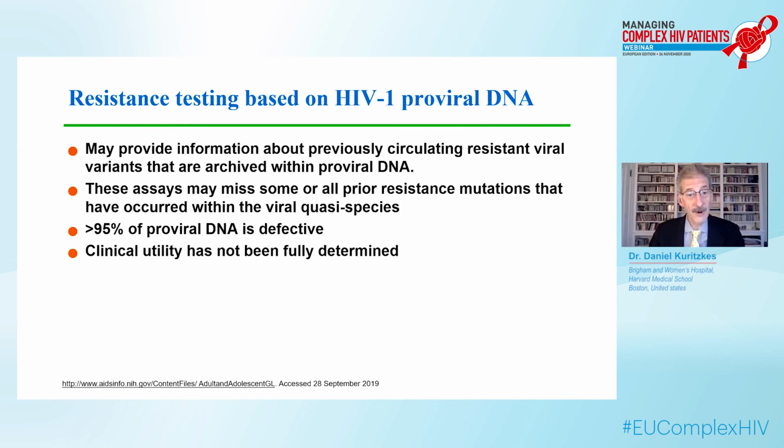Now, speaking for a moment about resistance testing based on proviral DNA, these tests may provide information about previously circulating resistant viral variants that are archived within the proviral DNA, but these assays also can miss some or all prior resistance mutations that have occurred in the quasi-species because they may be present at too low a level to detect, remembering that very few of the circulating lymphocytes actually harbor proviruses.